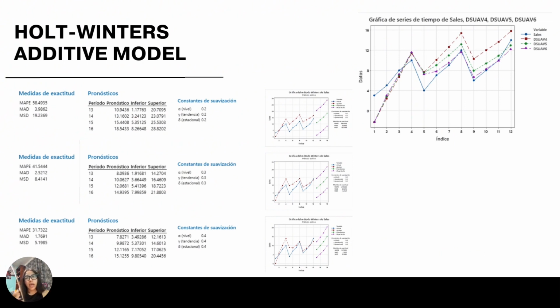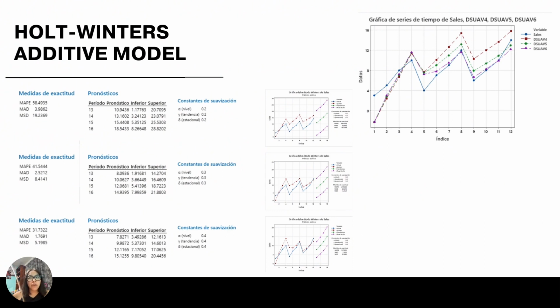After that, we introduced the Holt-Winters additive model, which better accounted for the seasonal variation in the sales data. As you can see, this model showed improved prediction accuracy compared to the previous methods. The smoothing constant helped us adjust the model accordingly and reduce the error presented in the MAPE values.